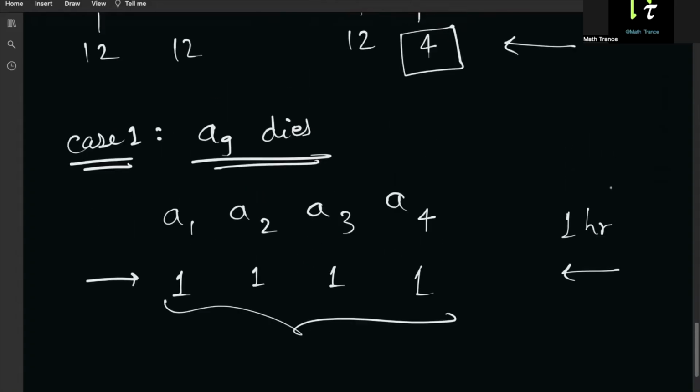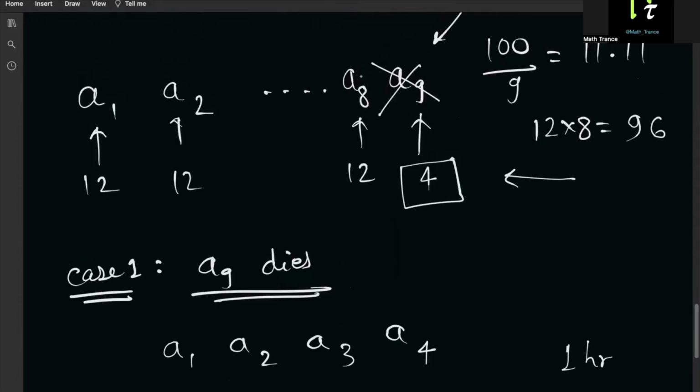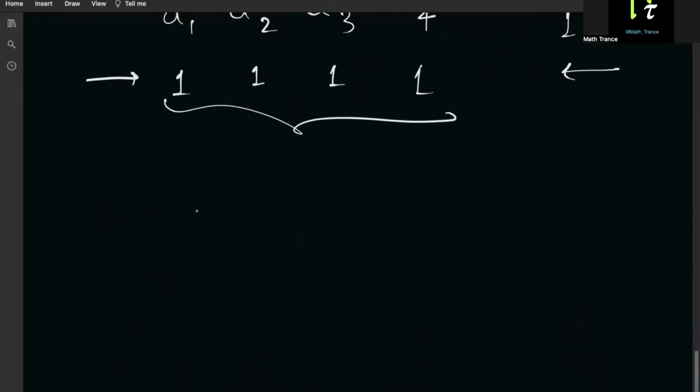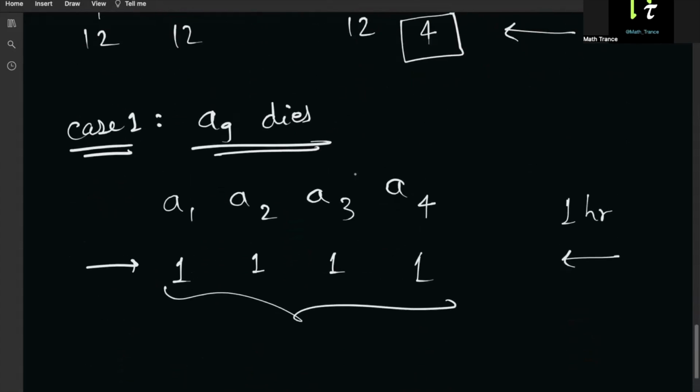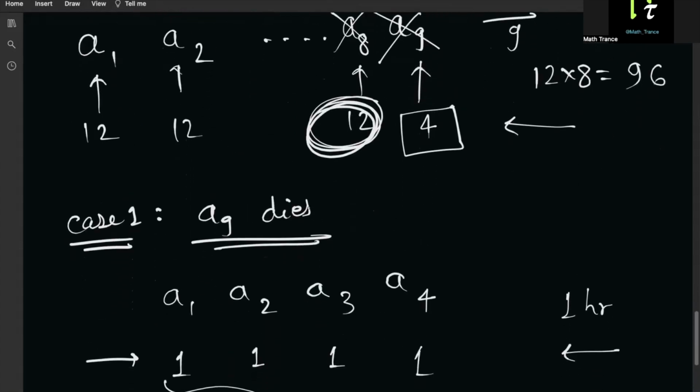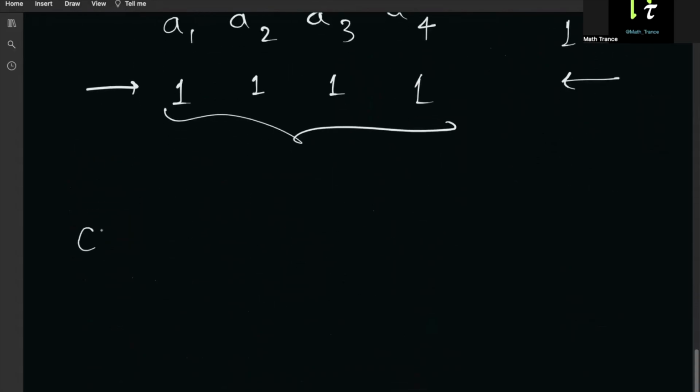But see the problem. If A9 doesn't die and suppose A8 dies, okay, that means if A8 dies, then there are 12 bottles. And how many rats do you have?